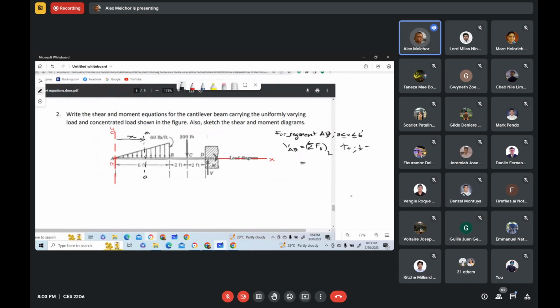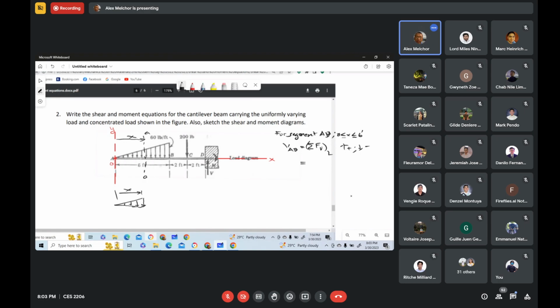When we cover the right portion of section AA, we have only that part there, right? And this distance is x.